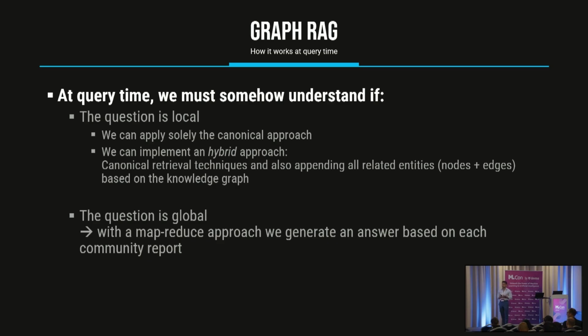Yes? How can you identify if the question is global? Usually, in real-world cases, it's pretty easy to have the model do that for you. Why? Because you give the model some information about the kind of documents you stored in the vector store or whatever.